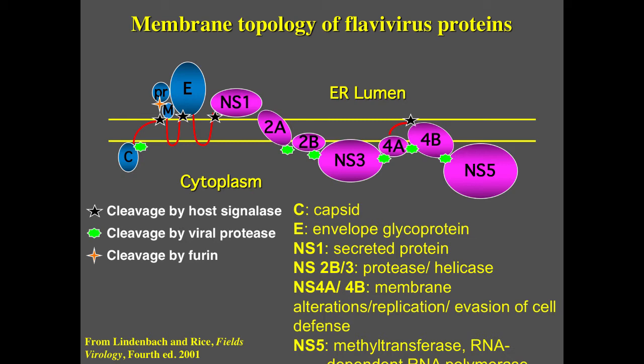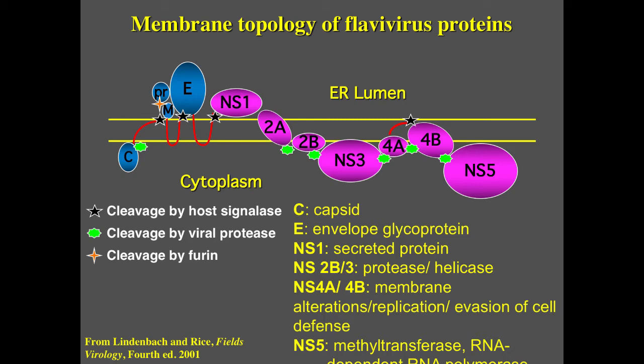NS1 is secreted, and in Flavivirus-infected patients, you can find during viremia a large amount of the NS1 protein circulating within the serum. The actual role of that secreted NS1 is largely unknown, but in some cases, like in dengue virus, it does seem to have a role in pathogenesis, creating some of the manifestations of dengue hemorrhagic fever.